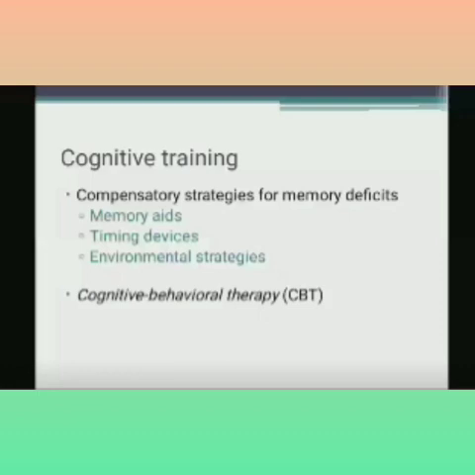This can be incorporated so that they have a combined training of cognitive as well as motor level activities. That is called cognitive behavioral therapy.